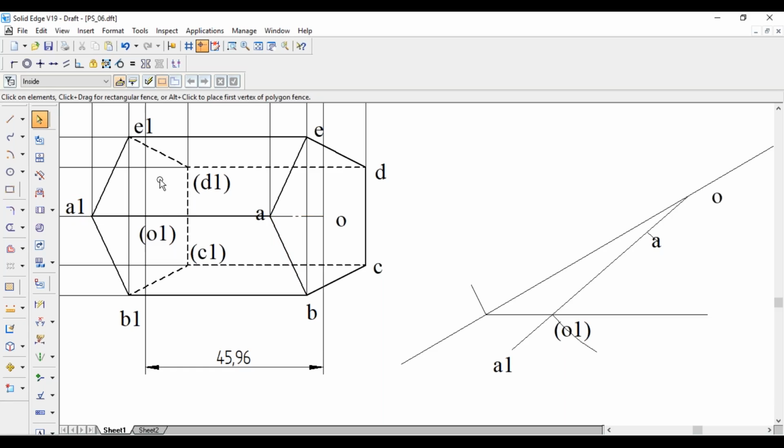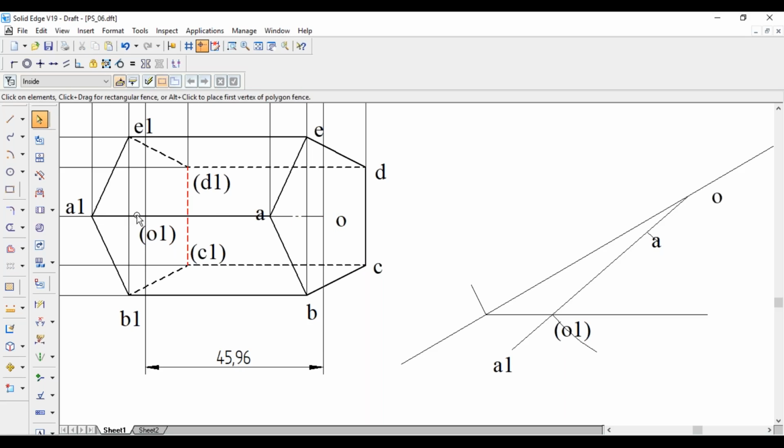Still we have to get B1, C1, D1, E1, and similarly B, C, D, E. Then how to get them? First we'll concentrate on CD and C1D1. These two lines, C1D1 and CD, are perpendicular to this OO1 line.